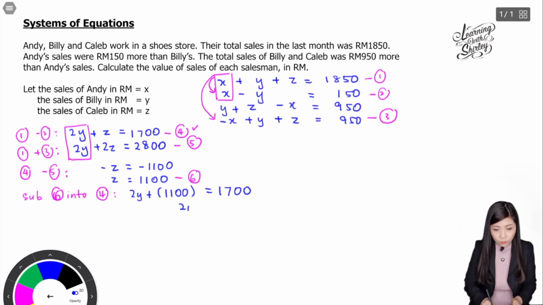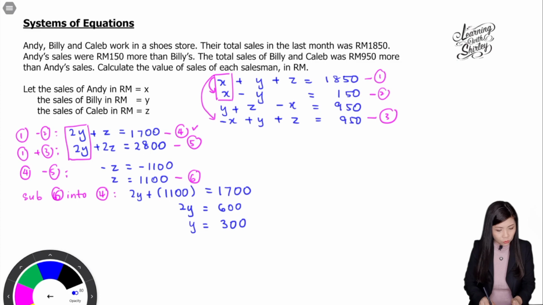Now we solve the value for y. 2y equals 1700 minus 1100, which is 600. So y is 600 divided by 2, which is 300. So now we have found the value of y. Y is 300. I'm going to take this as equation 7.